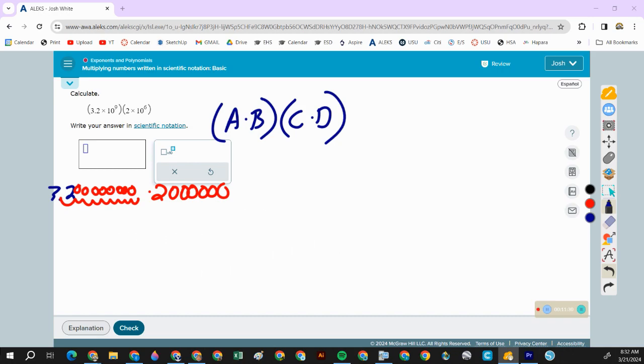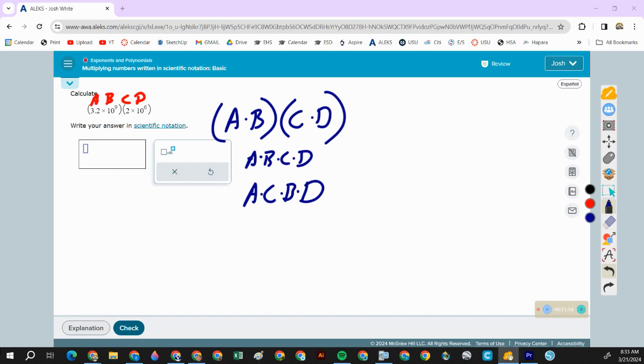So if this is A times B times C times D, I could rearrange it so that it's A times C and then B times D. So up here, I just have a whole bunch of multiplications. Here's A, here's B, here's C, and here's D. So I'm going to rearrange it into AC times BD. So 3.2 times 2 times 10 to the 9th times 10 to the 6th.